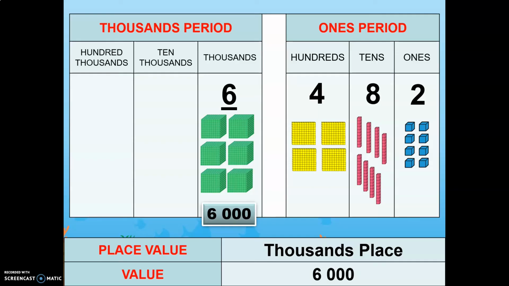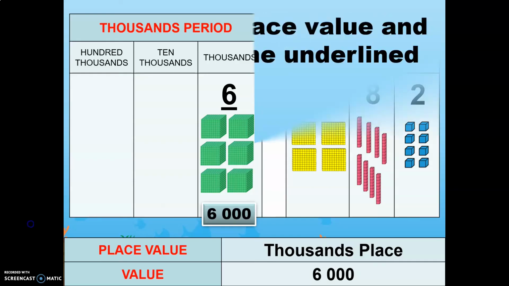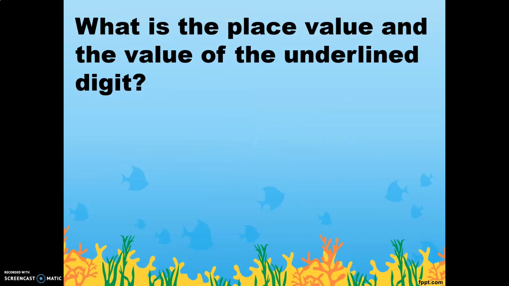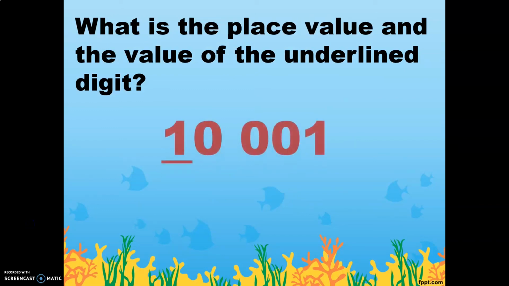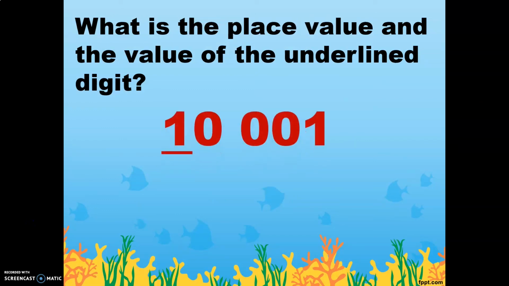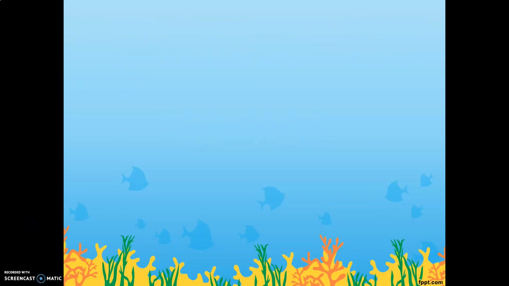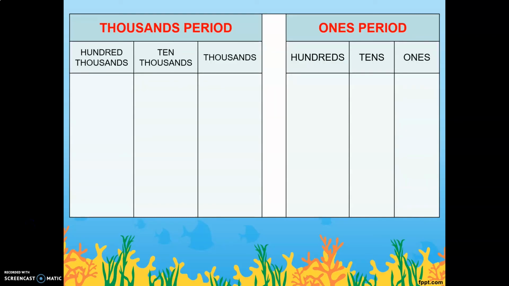Let's go now for the last example. What is the place value and the value of the underlined digit? So we have 10,001. To know the place value of the underlined digit, let us use a place value chart. Remember, in a place value chart, we start from right to left.